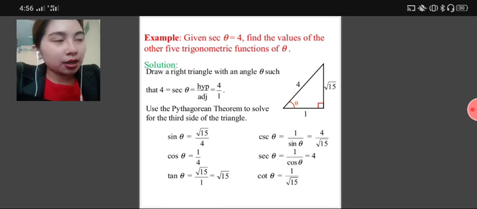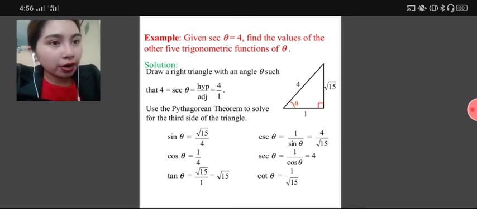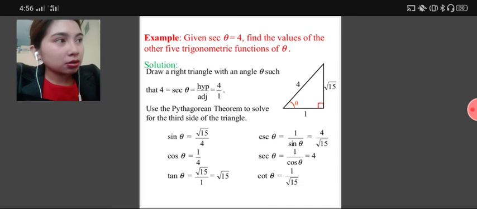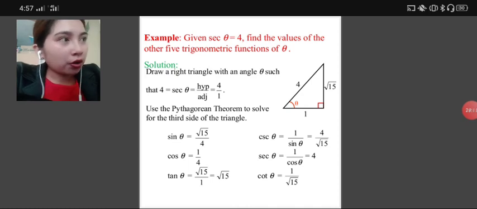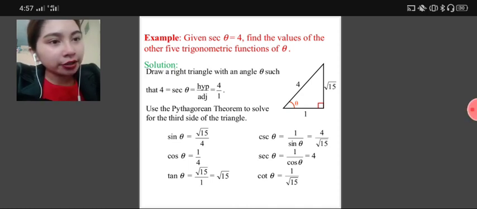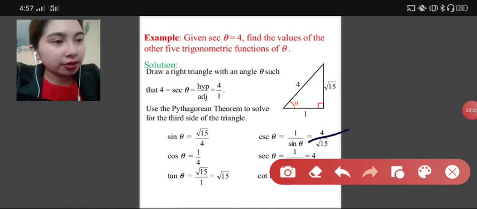Sa cosecant naman, yung cosecant is equals to hypotenuse over opposite side. So, yung cosecant is hypotenuse over opposite side. So, it gives us 4 over square root of 15.